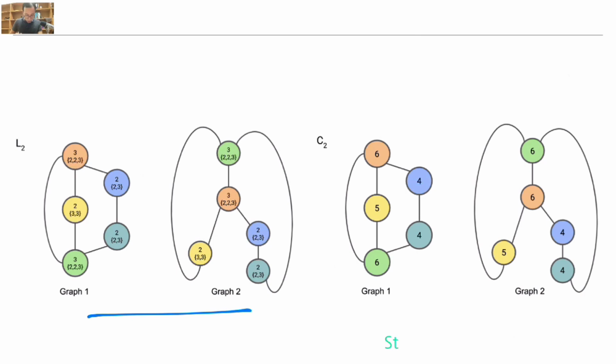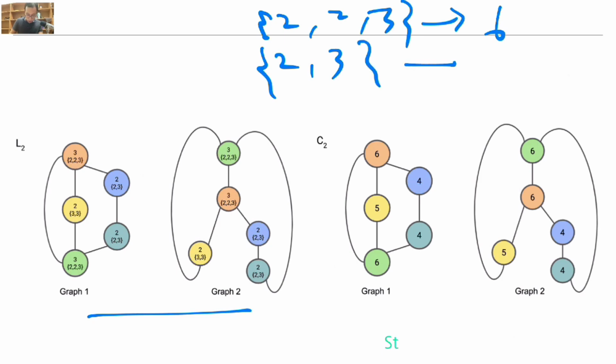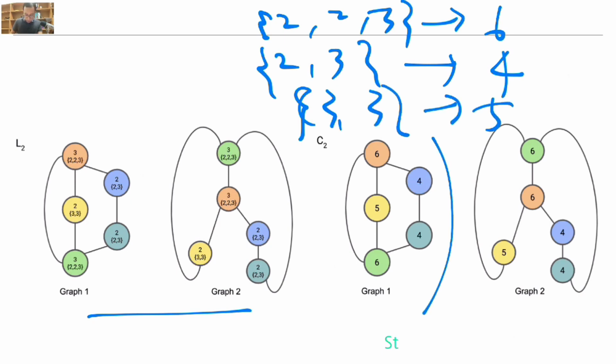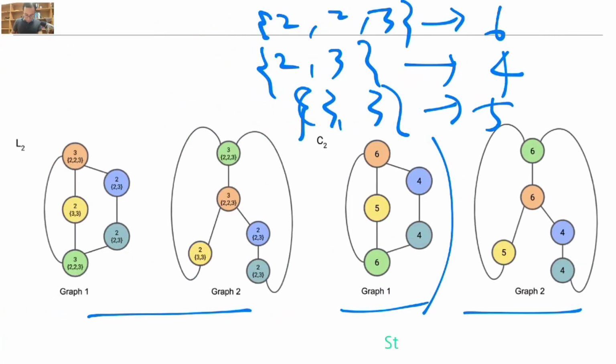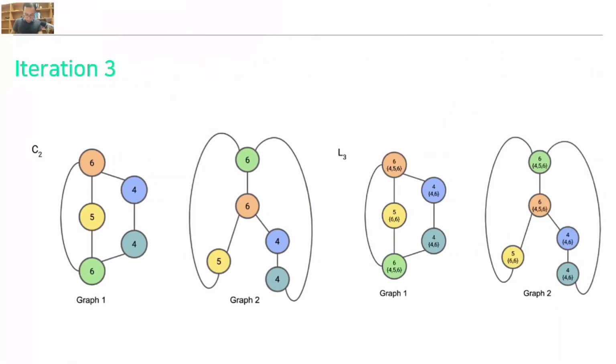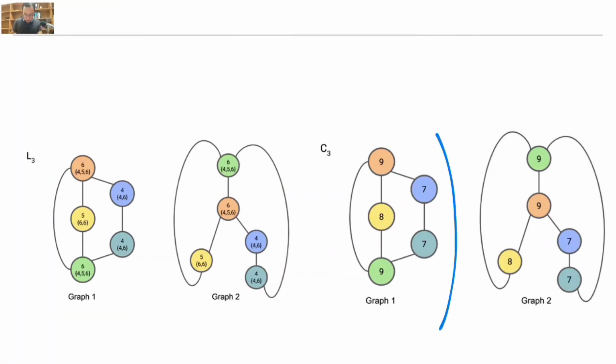So we assign another hashed label: from the 2 2 3 you assign 6, 2 3 you assign 4, and 3 3 you assign 5. We got this. And we also iterate the tuple creation and label hash step once again. Now we are able to get this.